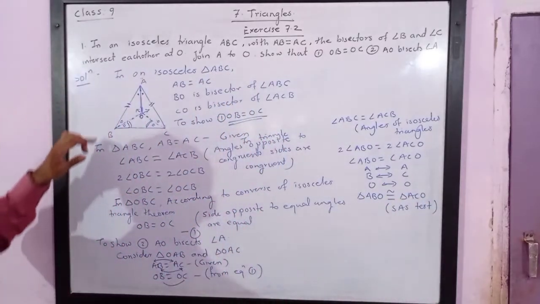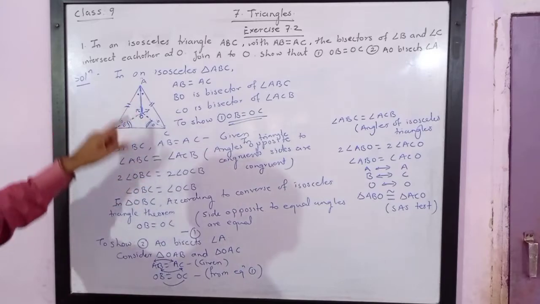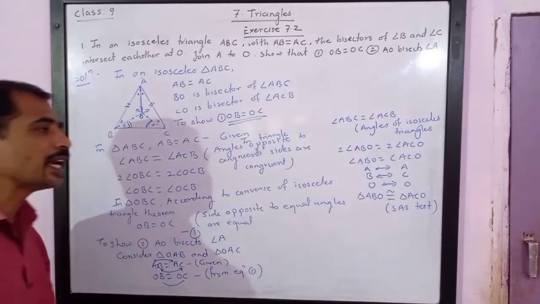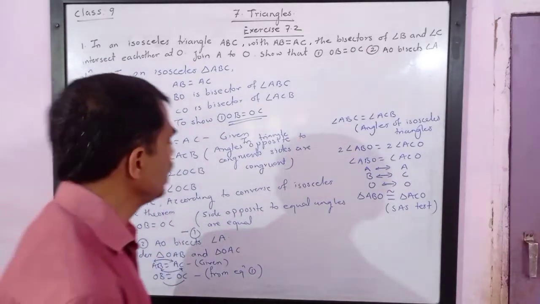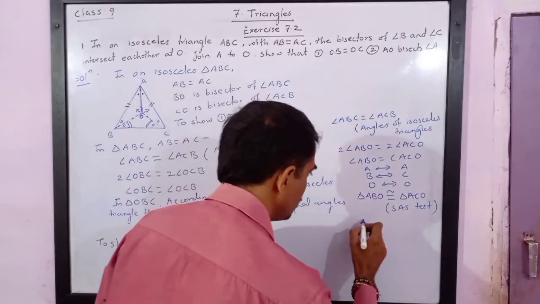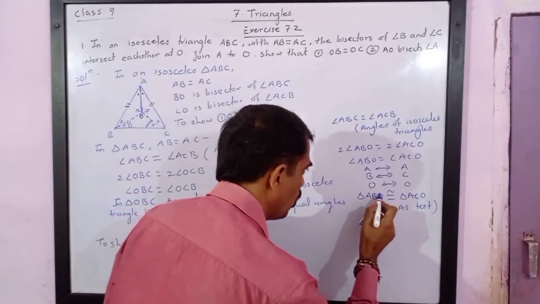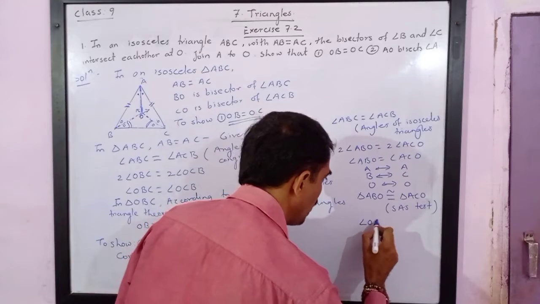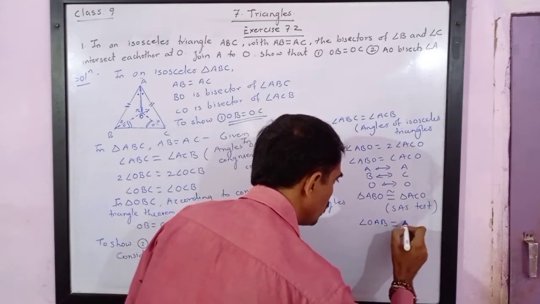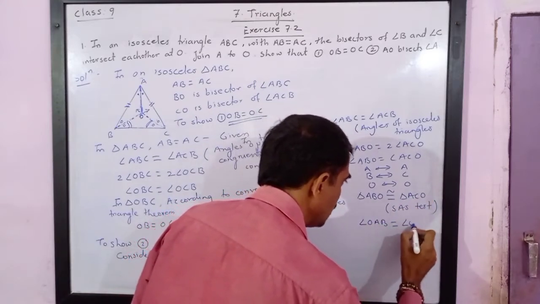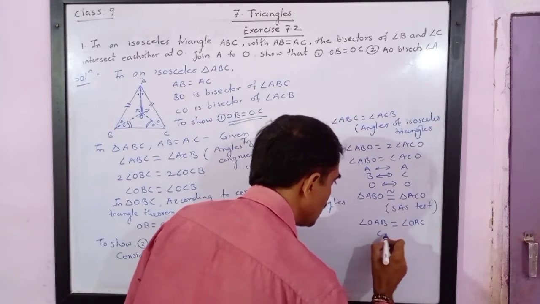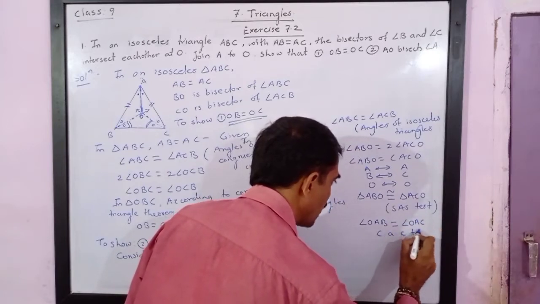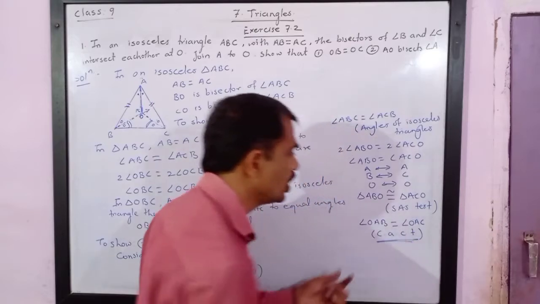It means, please note, if you keep A angle on A, it will exactly match. So we will get angle OAB is equal to angle OAC. Reason is corresponding angles of congruent triangles. So these are corresponding angles.